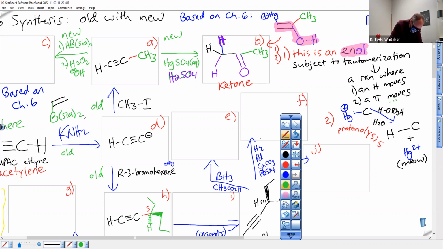You will need to know. And you got a syn addition of that and H. And the old methyl turned color to blue. That's step 1. And then step 2 takes the same thing and makes an OH there.